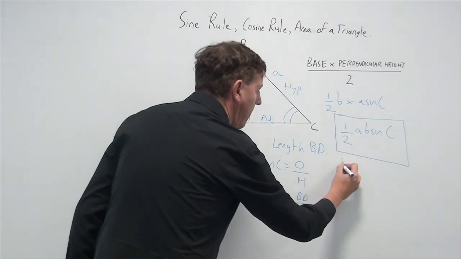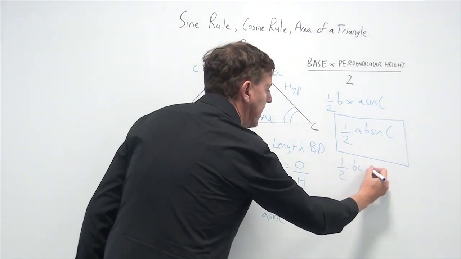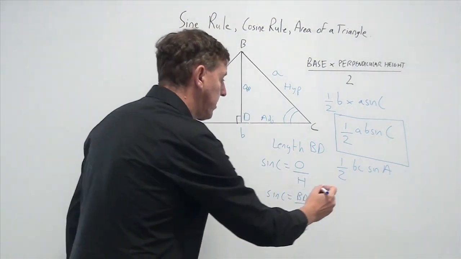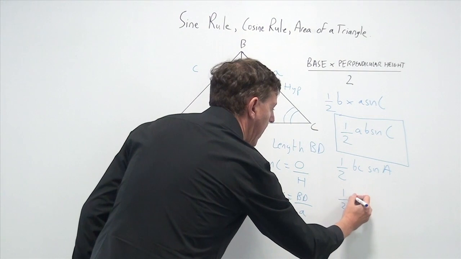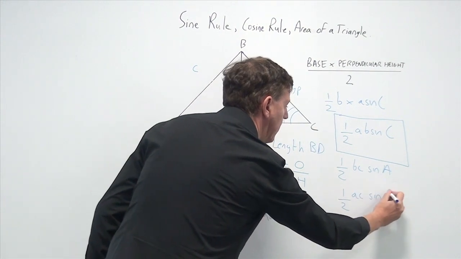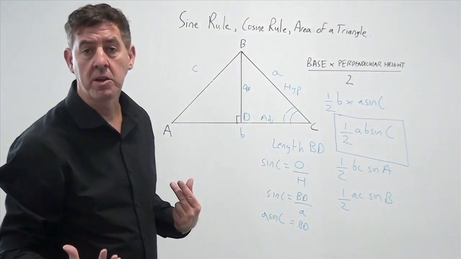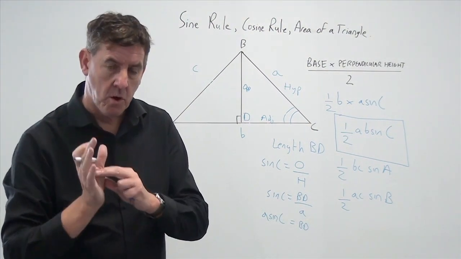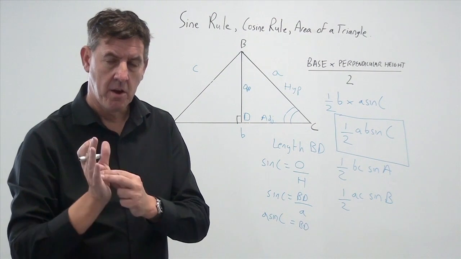We could have half BC sine A, or we could also have half AC sine B, just depending on which triangle we used, or the rotation of the letters. They would all work and they would all calculate the area of that triangle.